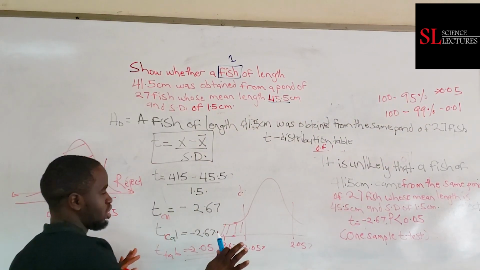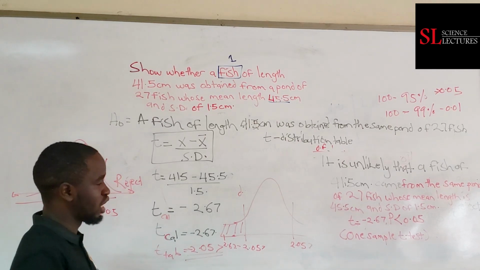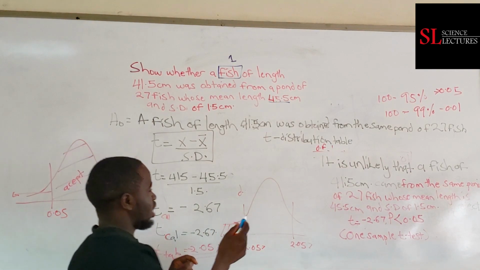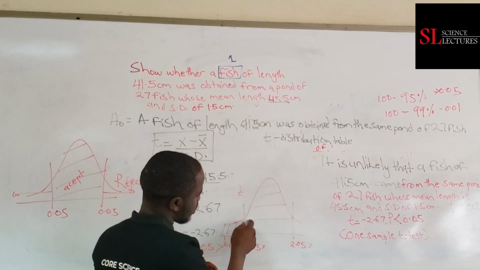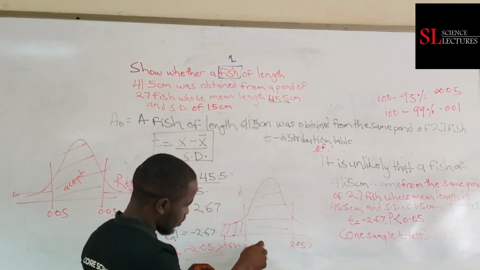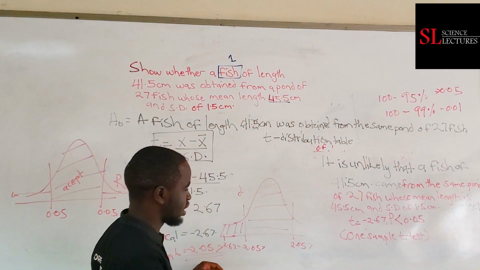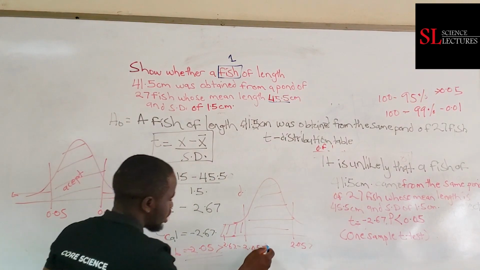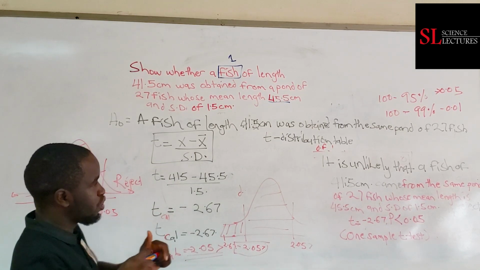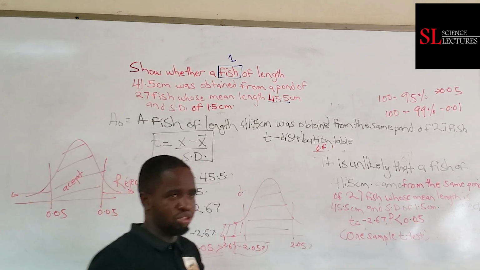And we say this is a two-tailed test. It can be positive or negative. After that, compare. So long as the value is less than the critical value or the tabulated value, accept the null. Whenever it's greater than the critical value, you reject the null. Then you conclude.